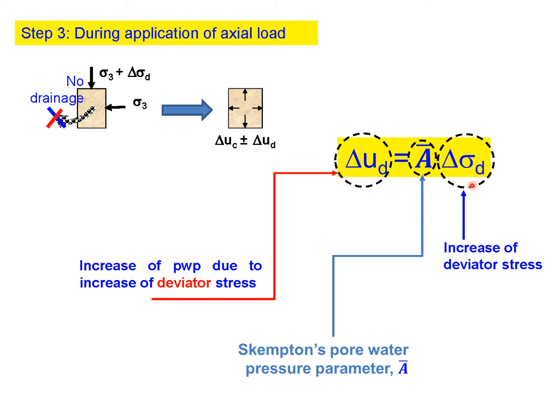This one is the increase of deviator stress, and this A bar is the Skempton pore water pressure parameter.